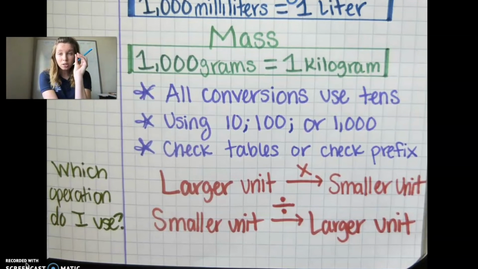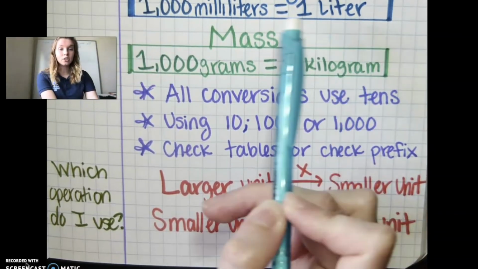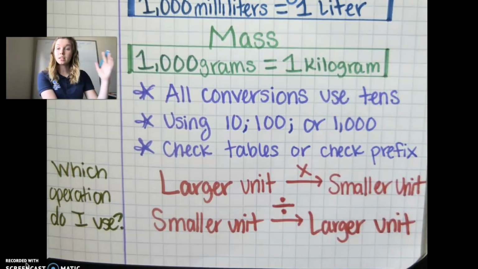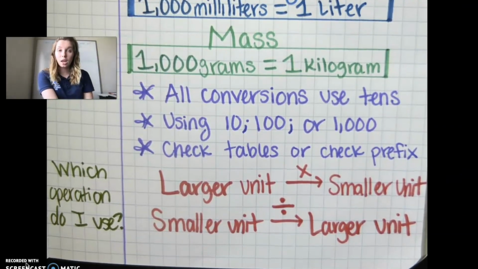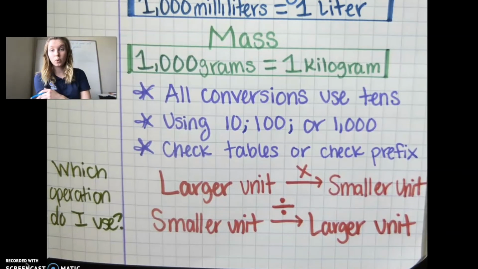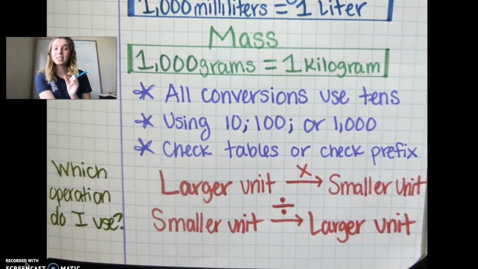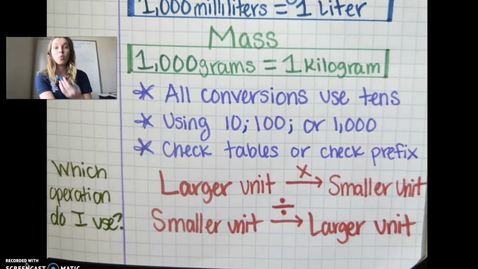That's a small unit to a big unit. But if we're going from liters to milliliters, that's a large unit to a small unit. So you would multiply. The reason for that is if you're starting with a large unit and you're going to a smaller one, you're going to have a lot more of that smaller unit than you had of the bigger unit. There's going to be more of them because they're smaller.